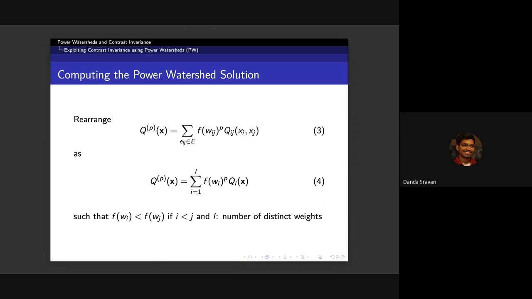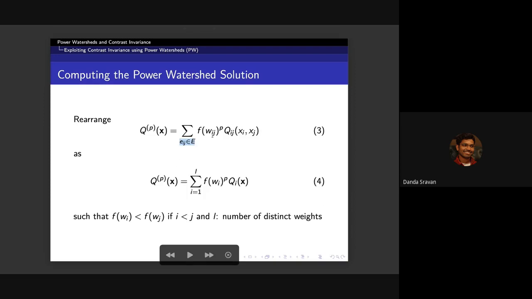Before looking at the algorithm, let's look at what the power watershed solution is and how we would compute it. Recall that I looked at a cost function of this form, and then I raised it to positive integer powers. Since I am working with finite graphs, I have finitely many edges here.